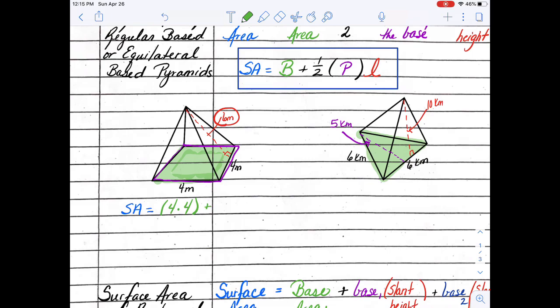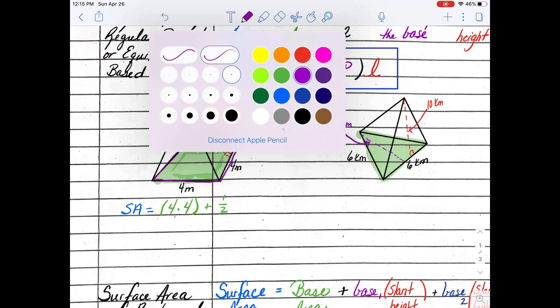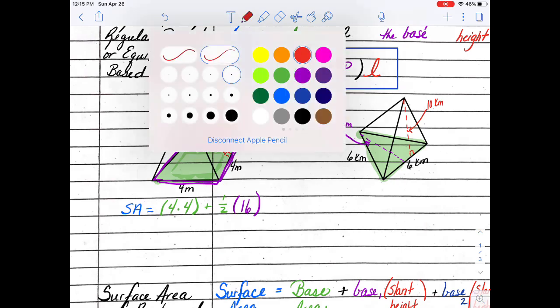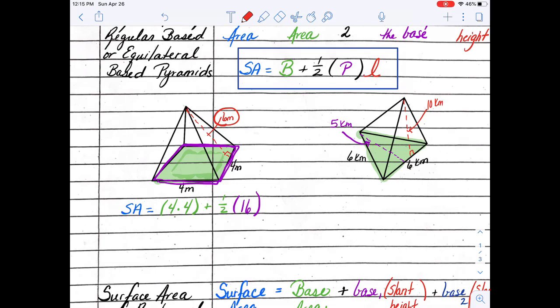Then we're going to add that to half the perimeter. Well, when I add up the sides, and again, every side's exactly the same, 4, 4, 4, 4. 4 times 4 is going to give me 16 when I add those all up. And then we've got that slant height, that slanted height of that triangle, which is 6.